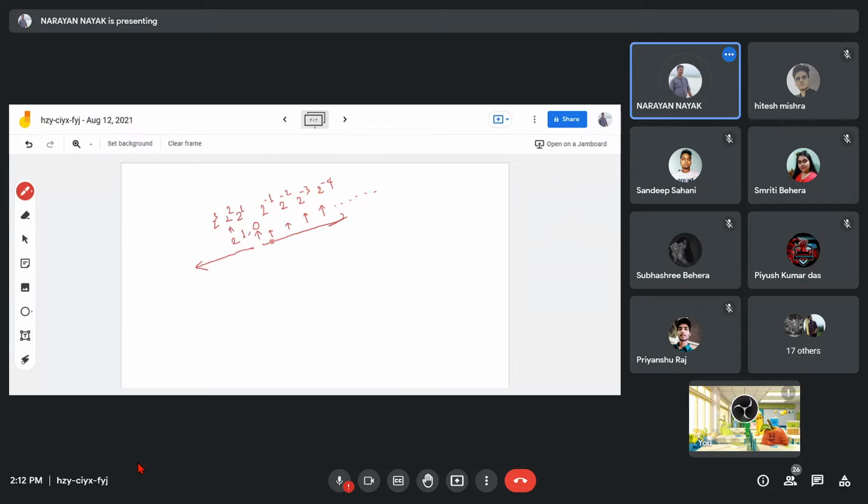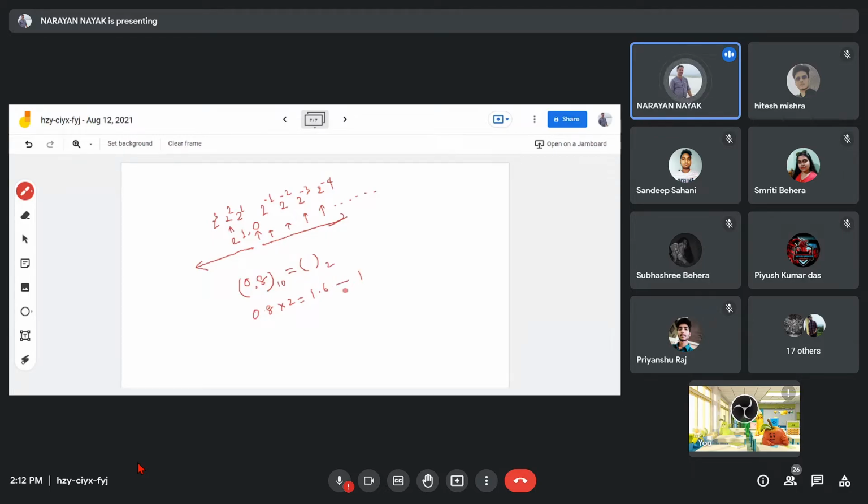Okay, now see, I'll give one more example. Let us say you are having 0.8. This is your decimal point. You have to convert into binary form. So what you have to do? You have to multiply by 2. So you got 1.6.